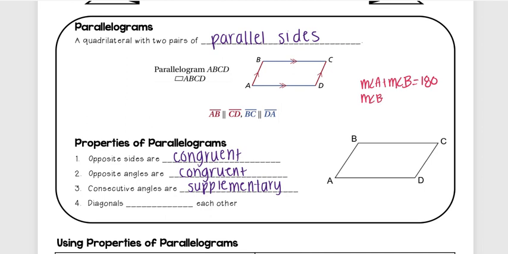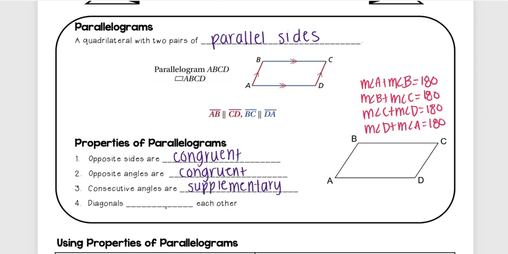Measure of angle B plus measure of angle C is equal to 180. Measure of angle C plus measure of angle D is equal to 180. And measure of angle D plus measure of angle A is equal to 180.